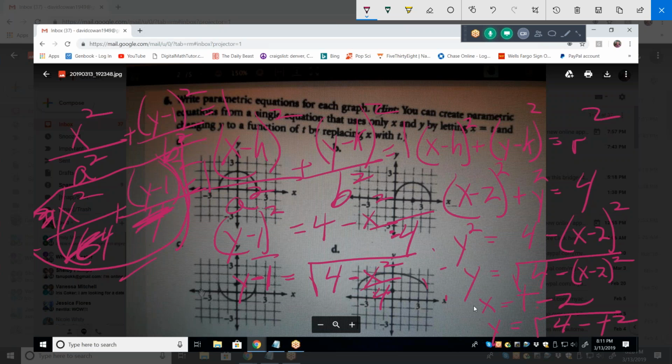Well, I'm thinking I may want to let x be, let's see, if I let x be t, I'll still have a y. In other words, you have choices on what you can let x be. You can let x be anything you want.